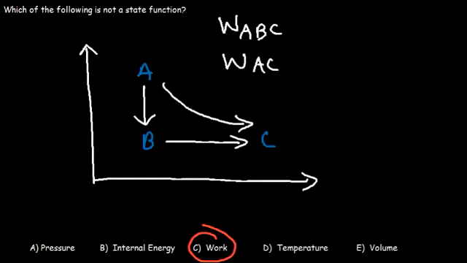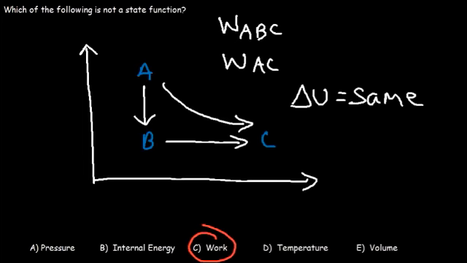It's not going to be the same. Let's say A to C is an isothermal path. However, the change in internal energy going from ABC or AC directly is going to be the same. It may not be zero, but it's going to be the same.